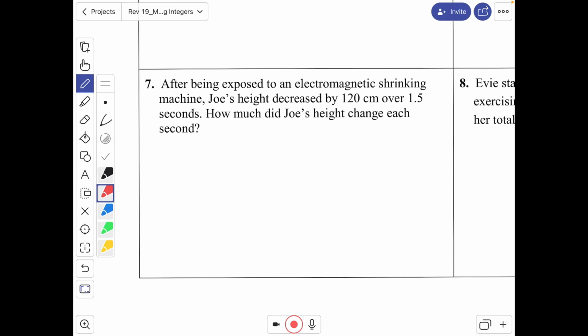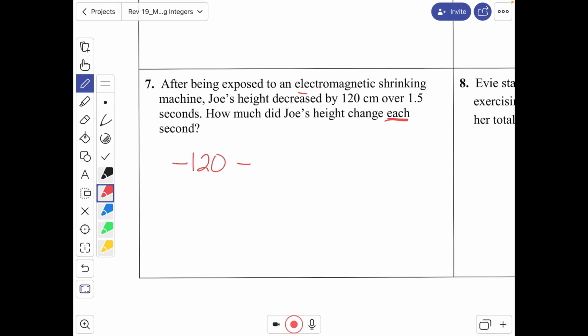Number 7. After being exposed to an electric magnetic shrinking machine, Joe's height decreased by 120 centimeters over 1.5 seconds. How much did Joe's height change each second? Okay, if it decreased, that's negative 120.